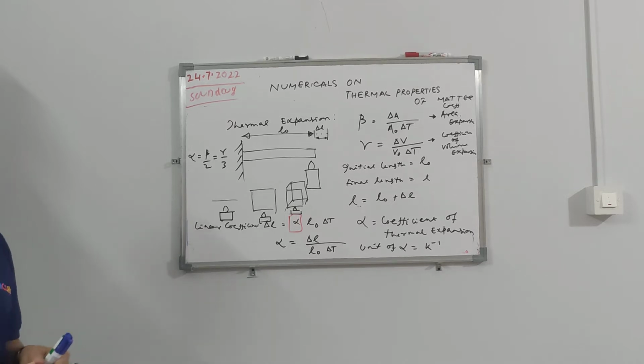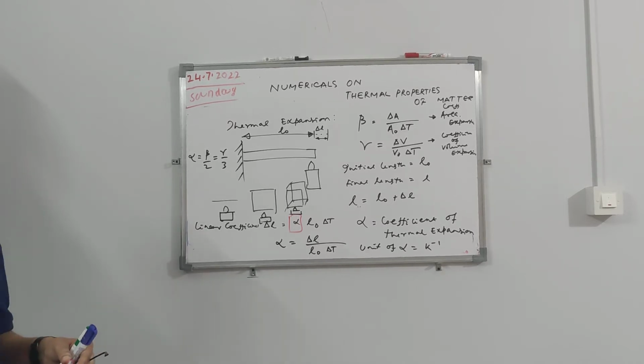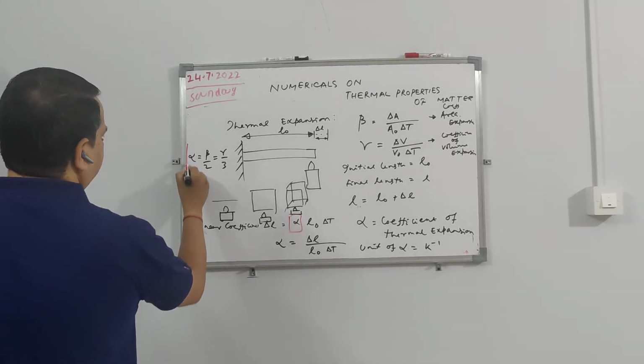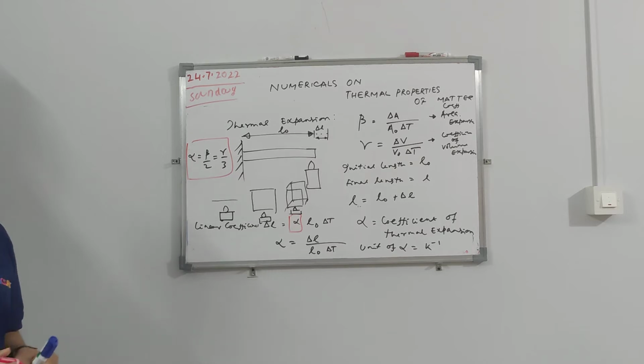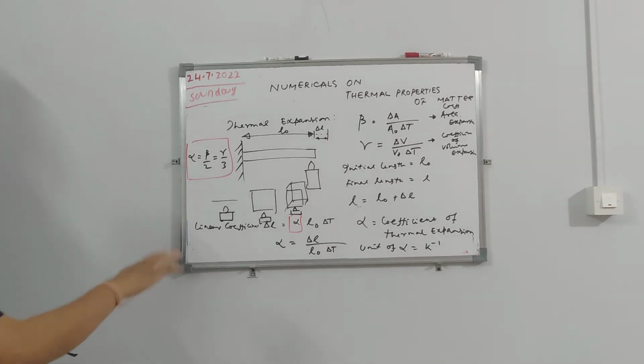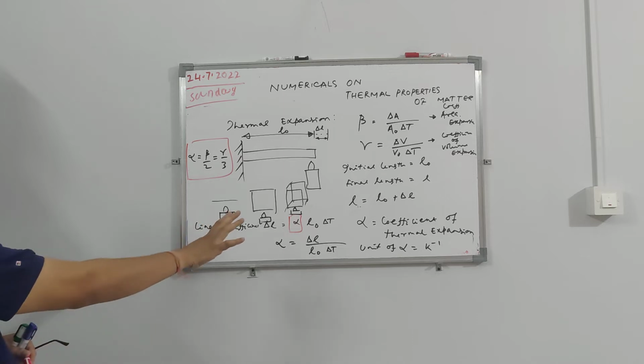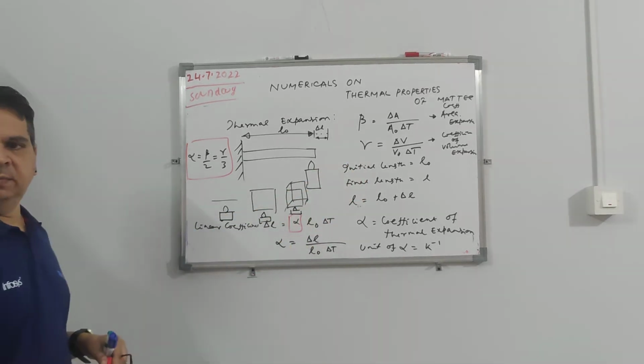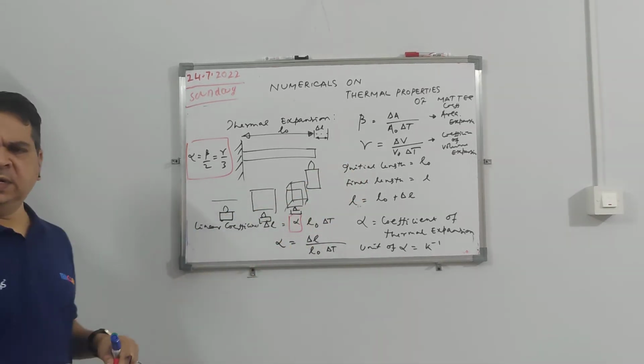This is because area is length into breadth, and volume is length into breadth into height. So this is just a thumb rule you remember. There can be questions on this also. Okay. So that's about thermal expansion. If you remember these formulas, there can be so many questions.